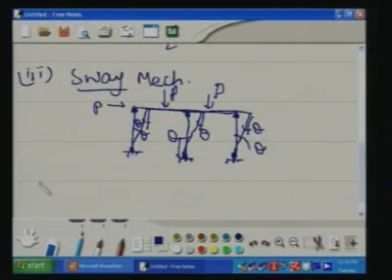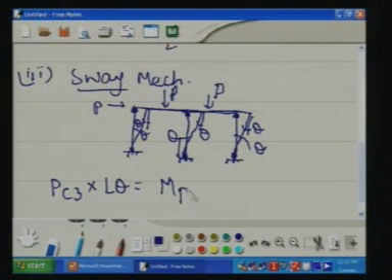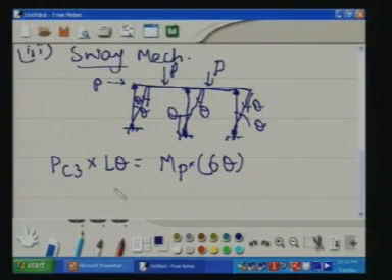So, the external work done will be equal to P C 3 multiplied by L theta will be equal to M p multiplied by 1, 2, 3, 4, 5, 6 theta. So, this gives the value of P C 3 is equal to 6 M p by L.